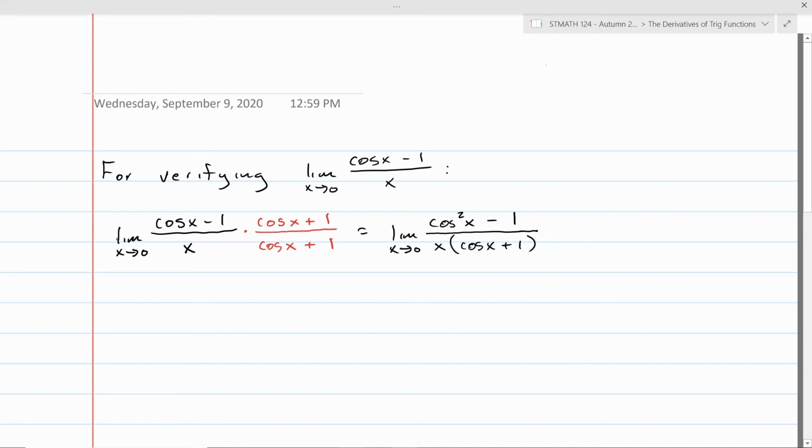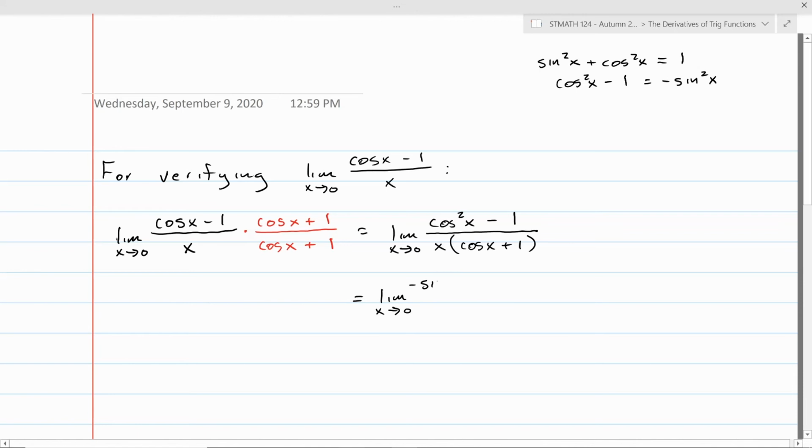Now up here in the upper right hand corner, I'm going to remind you that the Pythagorean identity is sine squared of x plus cosine squared of x equals 1. So by manipulating that equation, cosine squared of x minus 1 would be equal to negative sine squared of x. So I'm going to make that substitution. Negative sine squared of x in the numerator. Then I've got this x times cosine x plus 1.